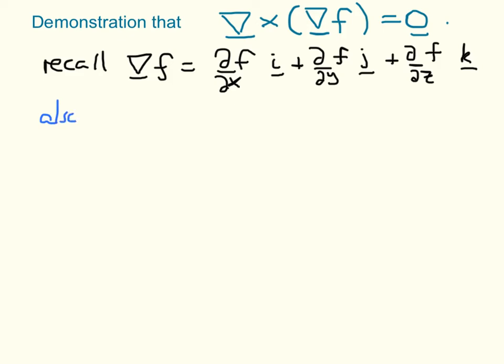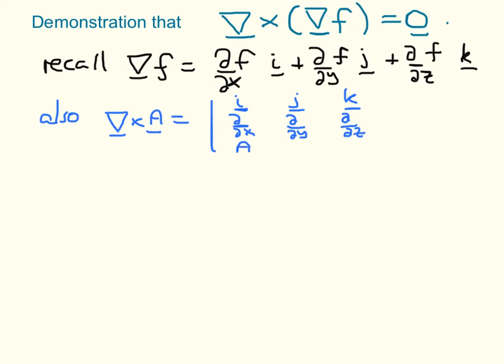Also, the curl of a vector field, let's call it A, is i, j, k, d by dx, d by dy, d by dz on A1, A2, and A3, where, as previously used, these are the components of the vector field in the directions i, j, and k.